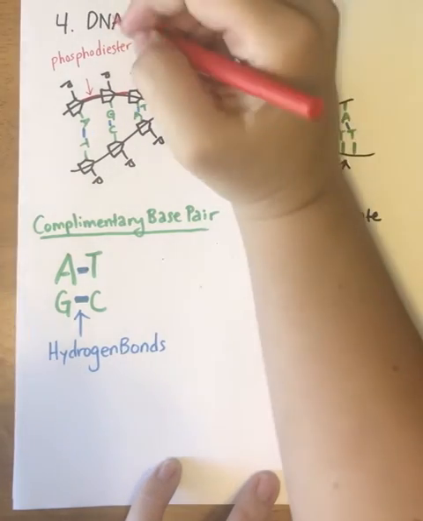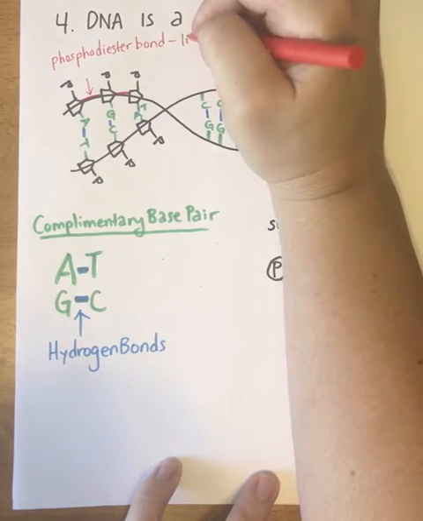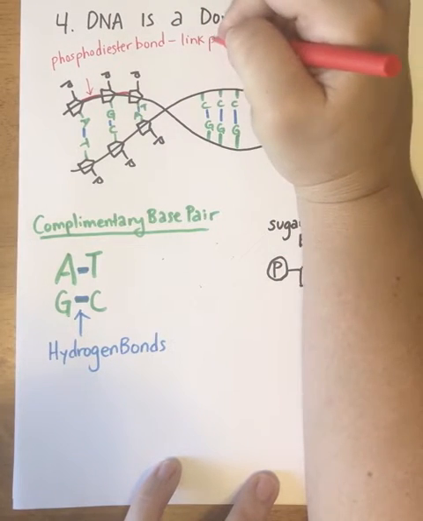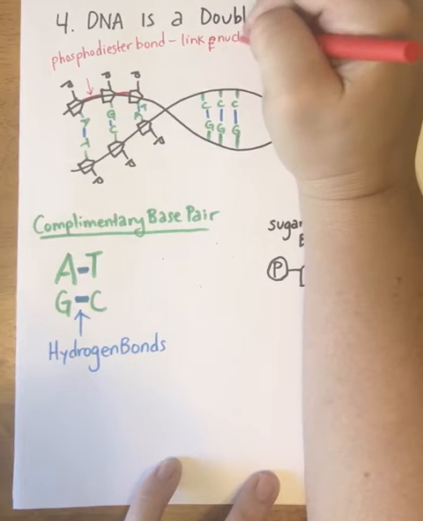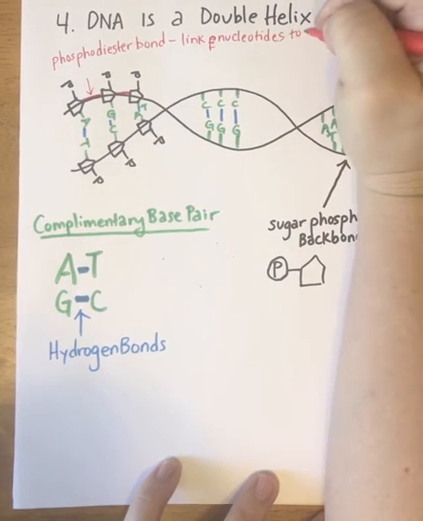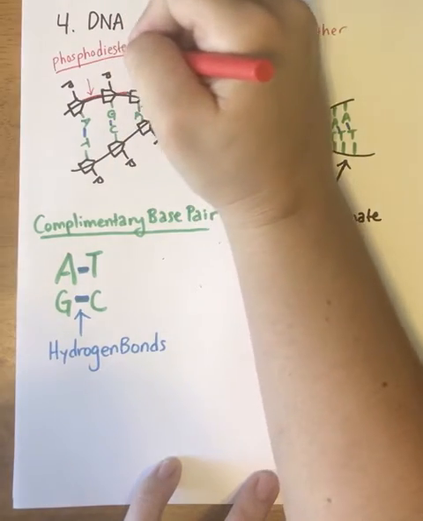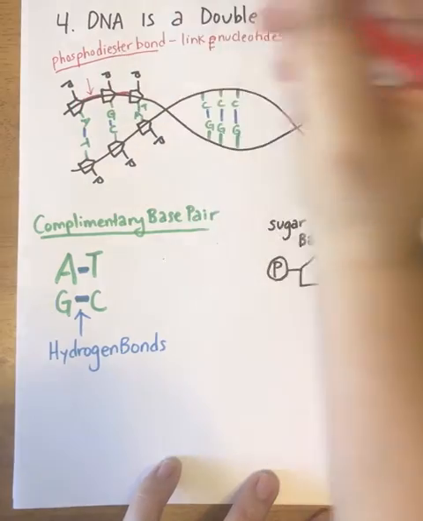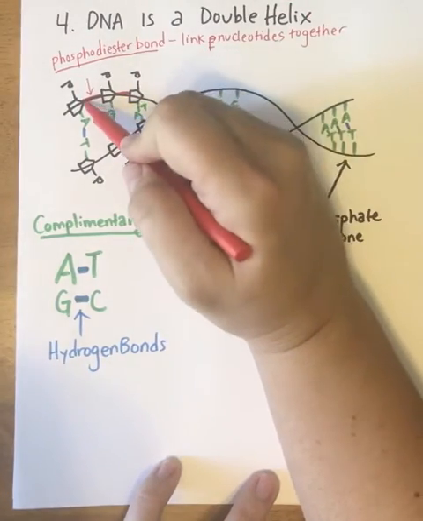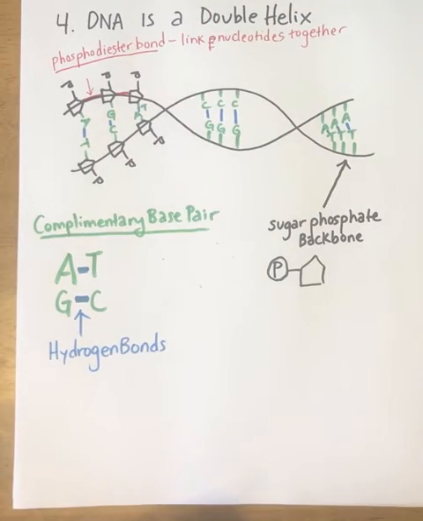So if you say phosphodiester bond, these are going to link nucleotides together to form DNA. The phosphodiester bond is between nucleotides, so there's 3 nucleotides here. The bond between nucleotides is called phosphodiester.